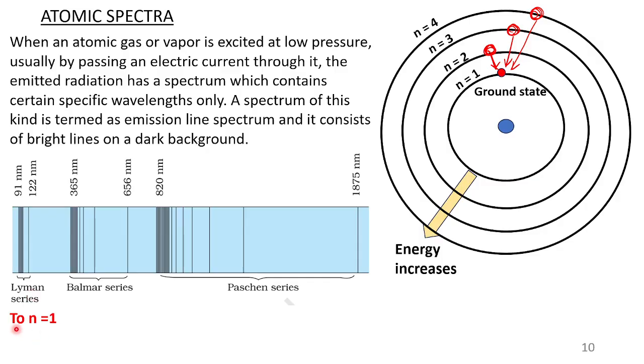Why do we get different radiations when the electron jumps to n equal to 1? Because in different atoms, some electrons may be in the second state, some in the third state, some in the fourth state. So if the electrons jump to the ground state, the photons emitted have different wavelengths.